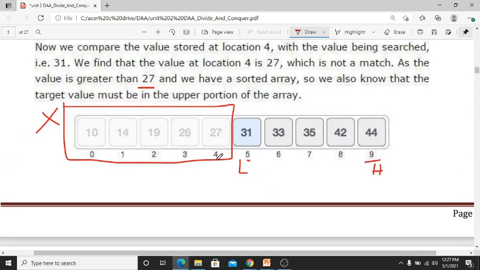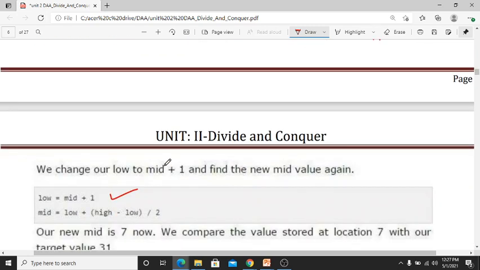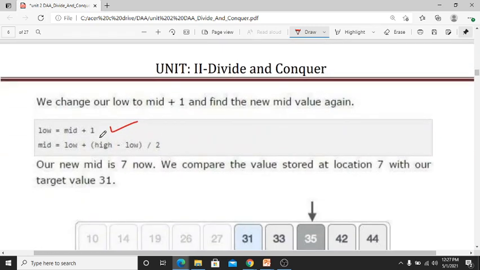Mid is 4. 4 plus 1 is 5. So this is a new low value. In the previous step the low value was 0, but now we have taken the right subarray, so it will change to mid plus 1, so it will be low.